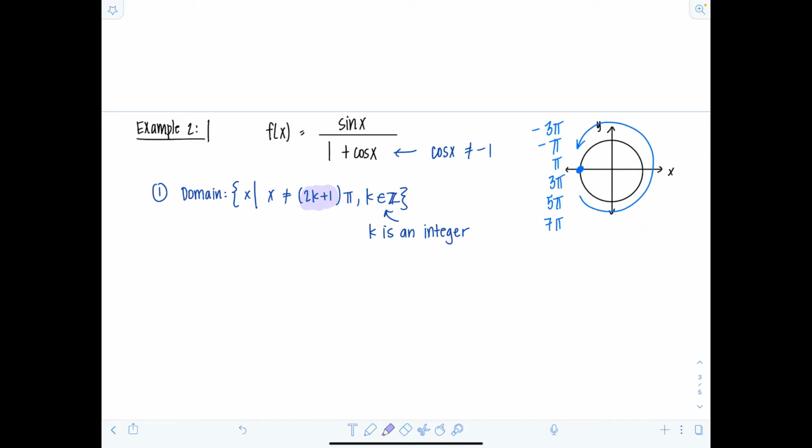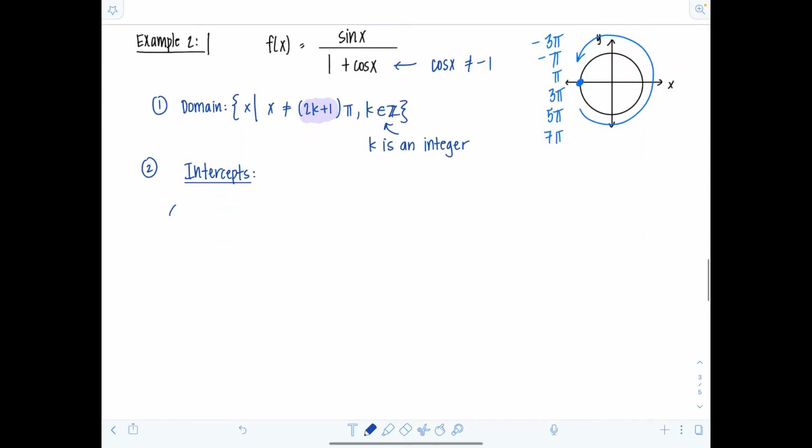Very nice. Okay, what about our intercepts? Okay, so x-intercept, we get that by setting the function equal to 0, which means the numerator would be 0. So when is sine of x equal to 0, but be careful, cosine x cannot equal -1?